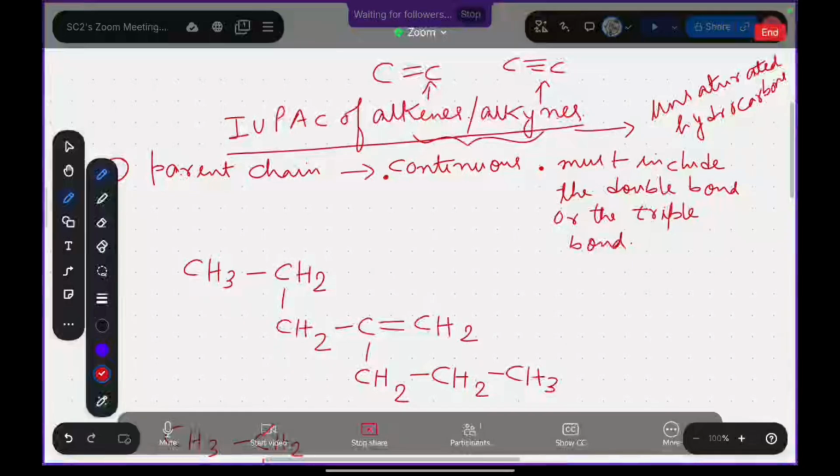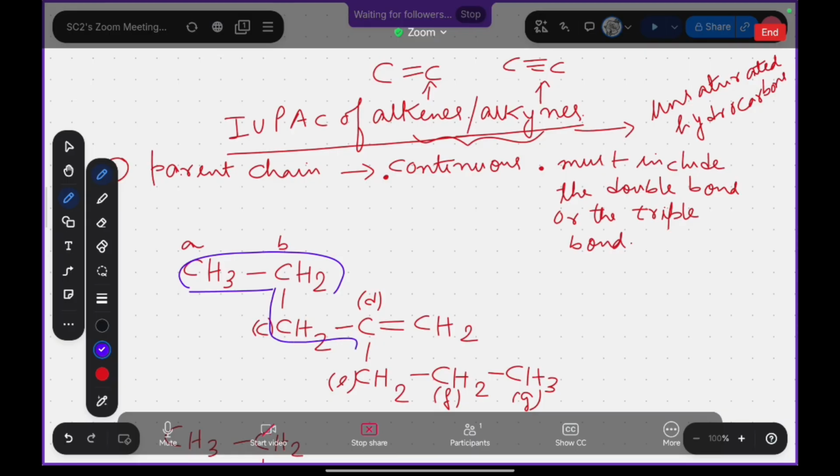Like for example, I have given you one example. Suppose I consider this as A, B, C, D, E, F, G. If I consider this as my parent chain, that means starting from carbon atom A, A to B, B to C, C to D, D to E, E to F, F to G. If you consider this as your parent chain, what do you see?